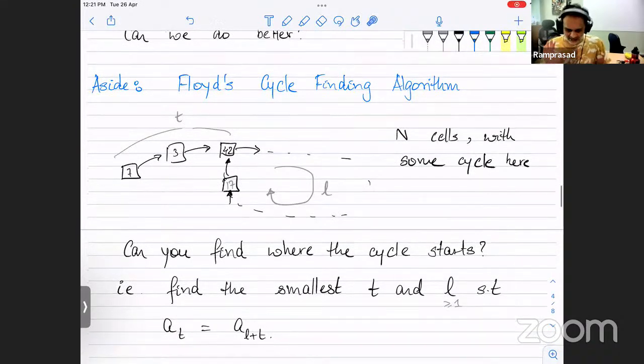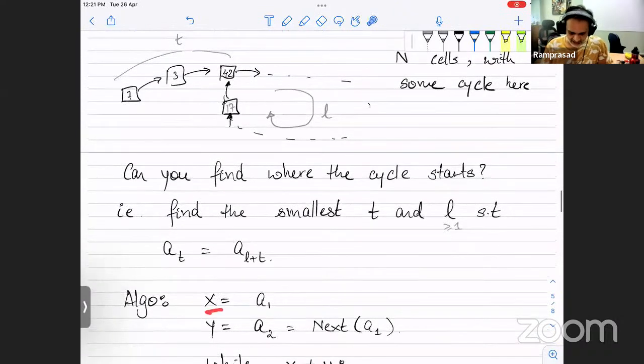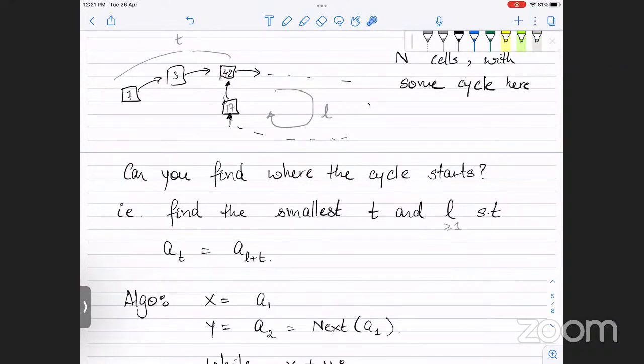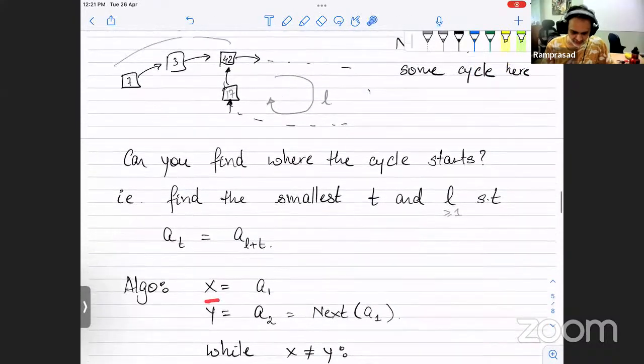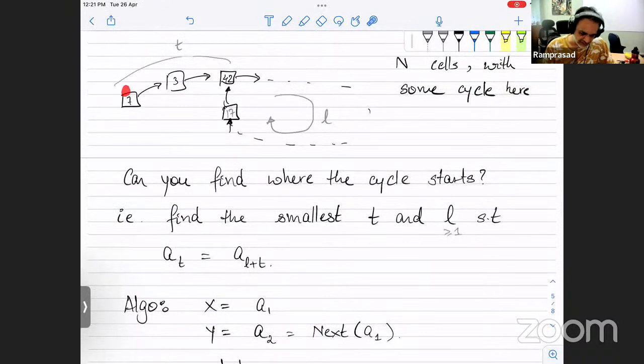Here is the thing. X is going to be the tortoise, and Y is going to be the hare. The hare is obviously faster than the tortoise, so it's going to move much more. We are going to put the tortoise in step 1 and the hare in step 2.